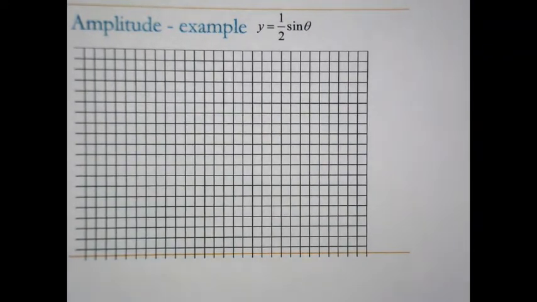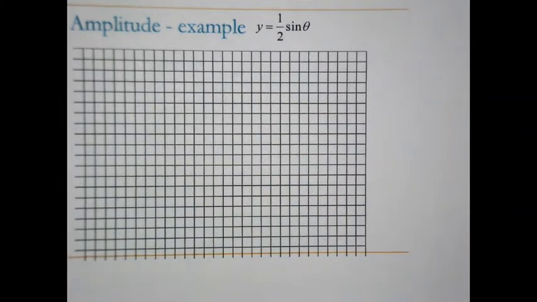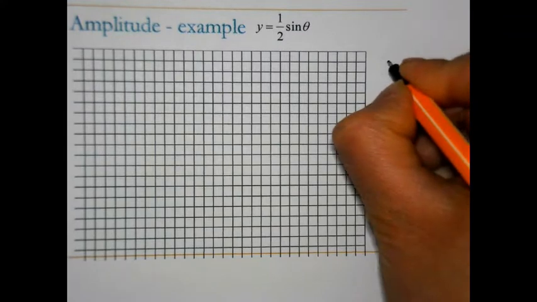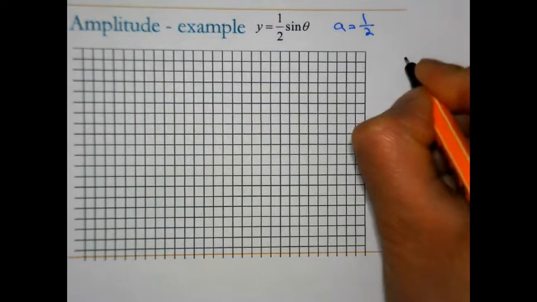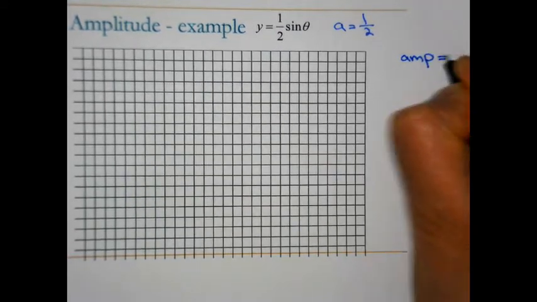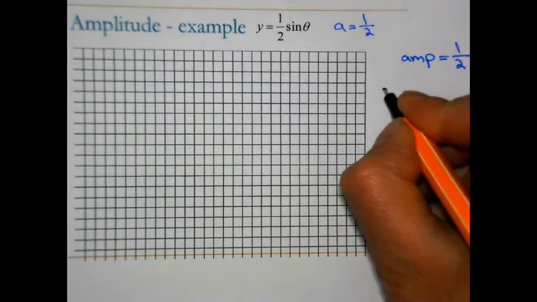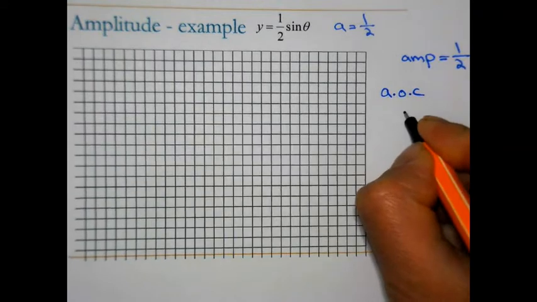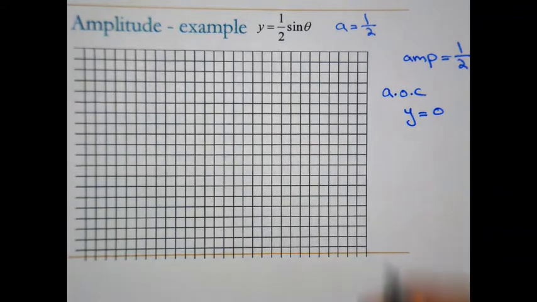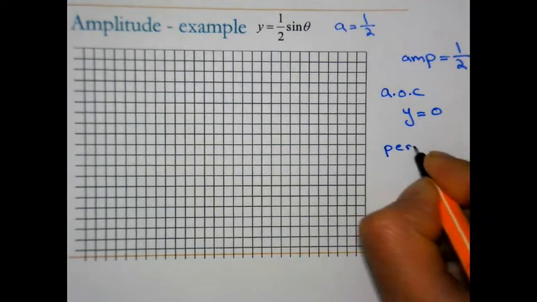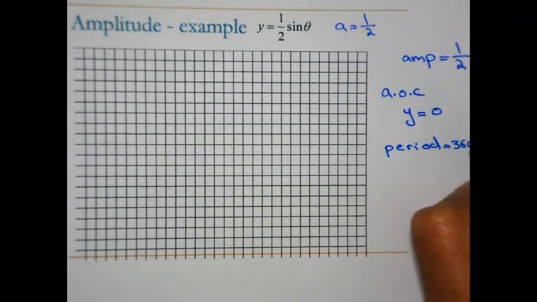So our first example here is y equals 1/2 sine theta. Right away, this is our a. A is 1/2. So we know that our amplitude is 1/2. Our axis of curve is not changed. So it is y equals 0, and period will not change, so it is 360.